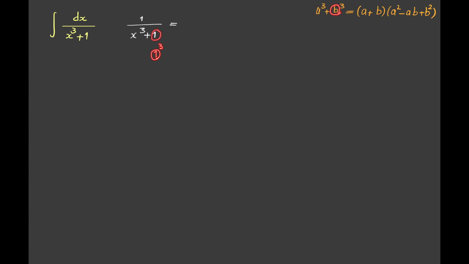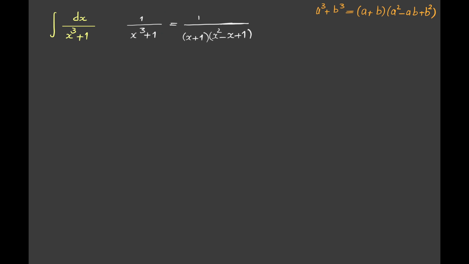Okay, so then it becomes equal to 1 over a plus b, which in this case becomes x plus 1, times a squared, means x squared, minus the product of these two, which is x, and then b squared, which in this case is again 1. Okay, so this is what we have.